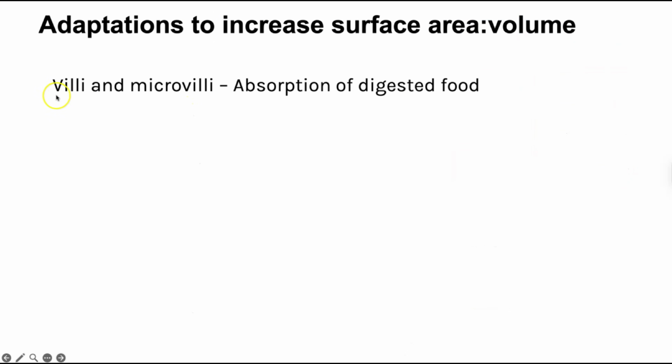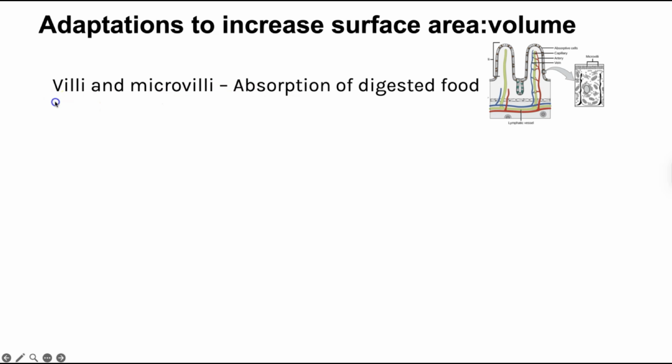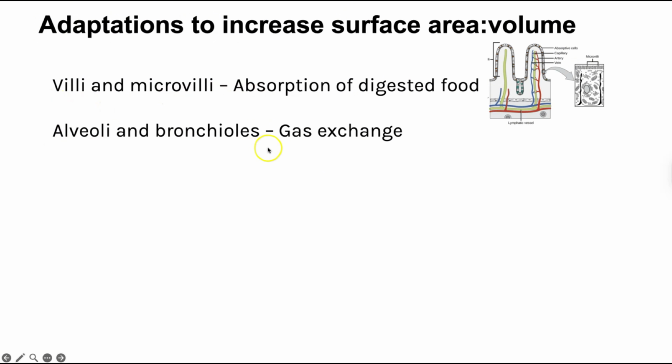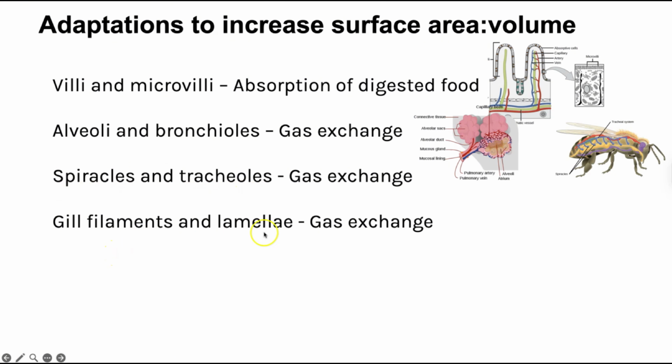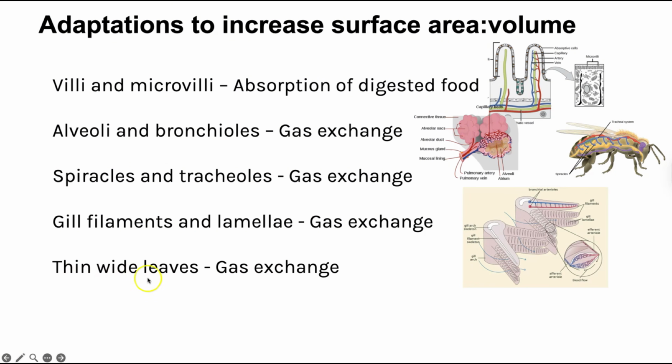So larger organisms then will have adaptations to increase the surface area to volume ratio at these exchange surfaces. So for example, villi and microvilli, which we'll see come up in the digestion topic in this video. Alveoli and bronchioles, spiracles and tracheoles, and gill filaments and lamellae, and also the thin wide leaves are all linked to gas exchange.